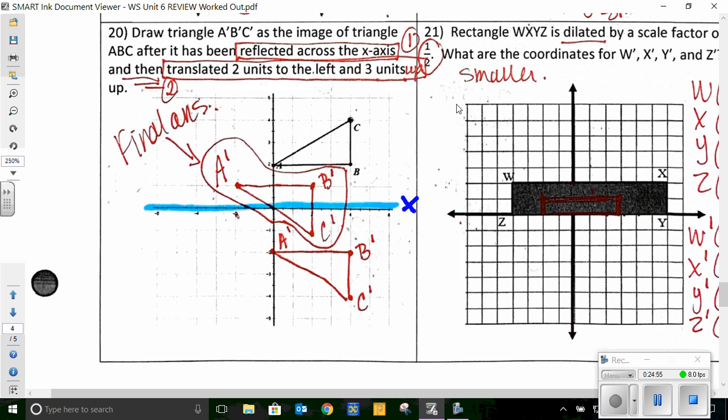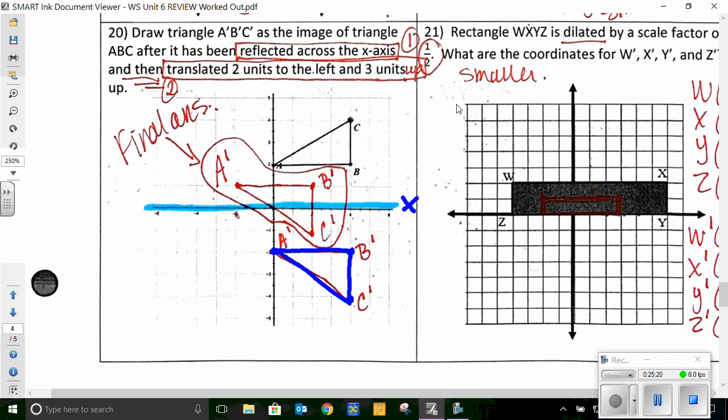Again, I just count. B was, I think, 2 spaces away from the line. So my B prime is going to be 2 spaces away from the line. C was 4 spaces away from the line, so C prime is going to be the opposite way, 4 spaces away from the line. I'll draw another color. A was 2 spaces up, and now A prime is going to be 2 spaces down. Okay, so there's my first triangle.